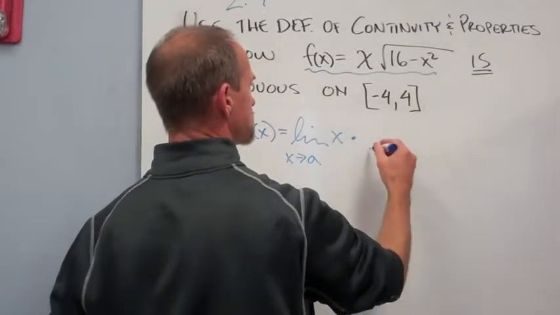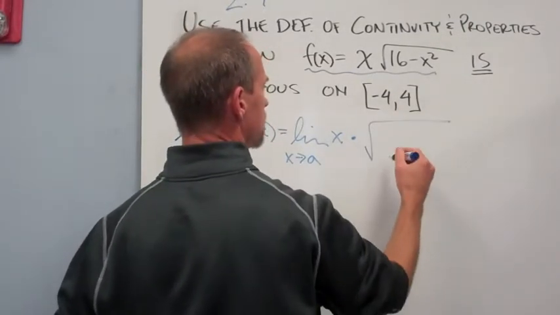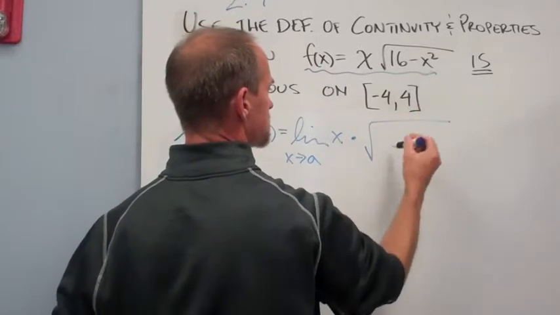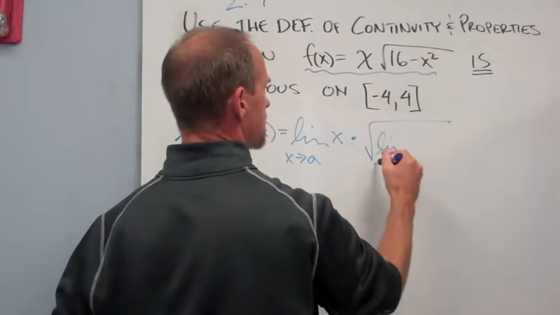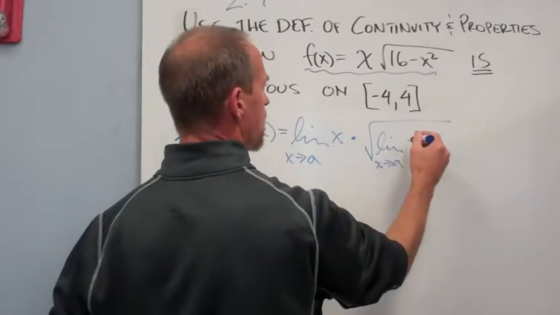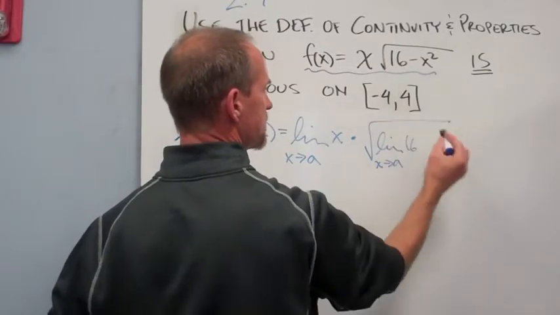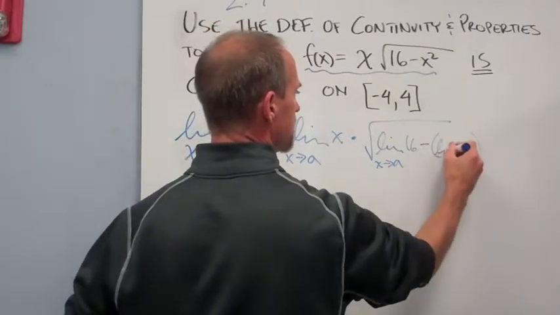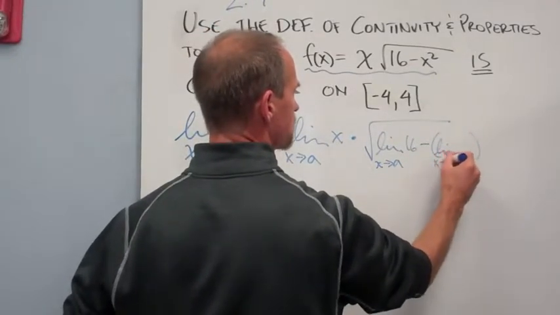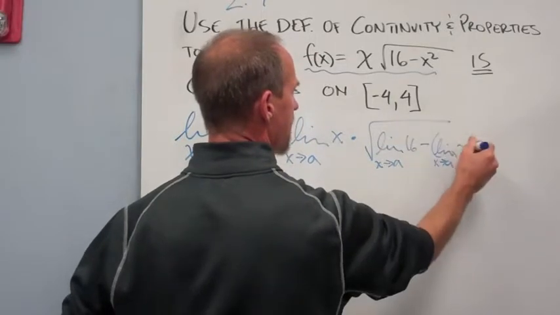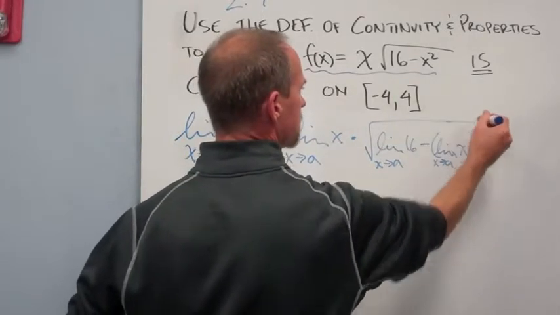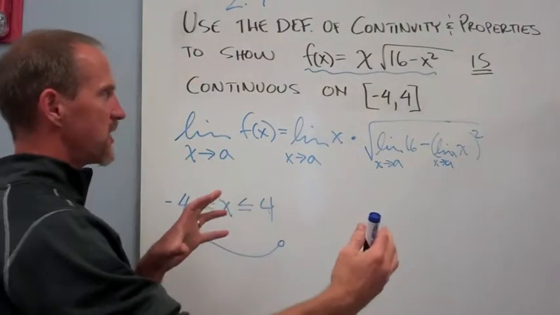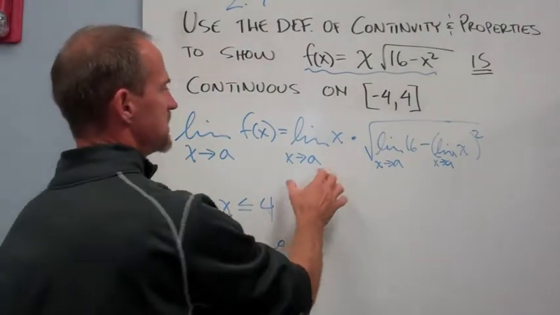Again, one of our properties is that that's the same as the radical of the limit inside. And then I can separate these two things and have that be the limit as x approaches a of the fixed constant number 16, minus the limit as x approaches a of x, and then squared. So this is just that process of breaking things apart and then looking at the individual parts.